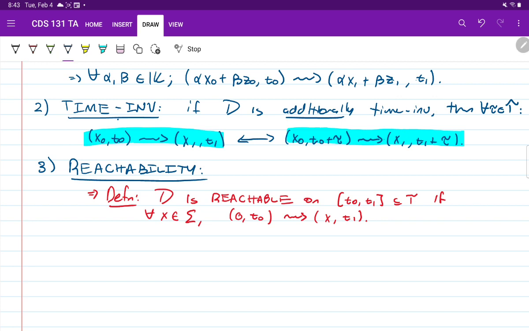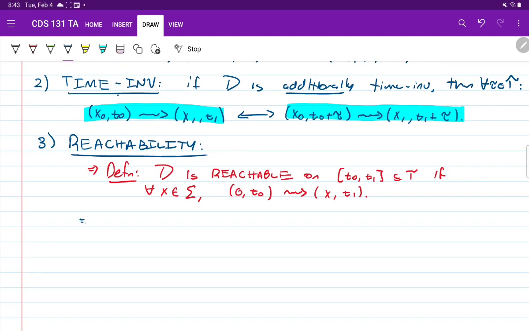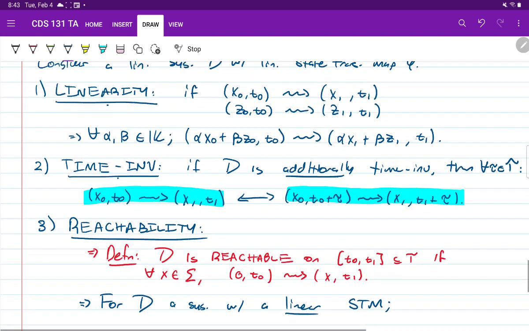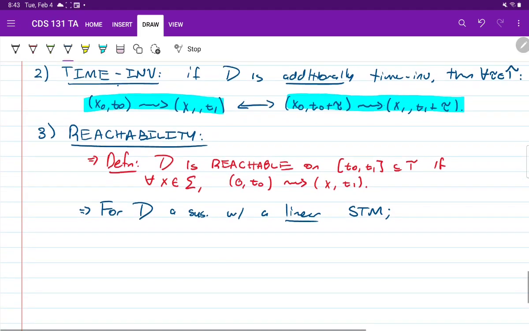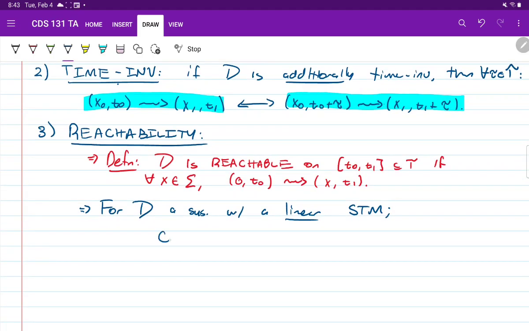Now, what claim are we actually going to make about this? Well, it turns out for D, a system with a linear state transition map, like we have declared in the statement of the proposition, I have that controllability on t0, t1 is actually equivalent to reachability on t0, t1. Okay?